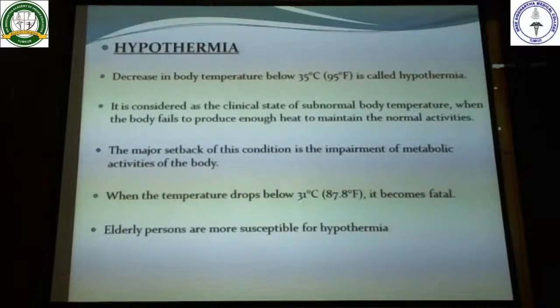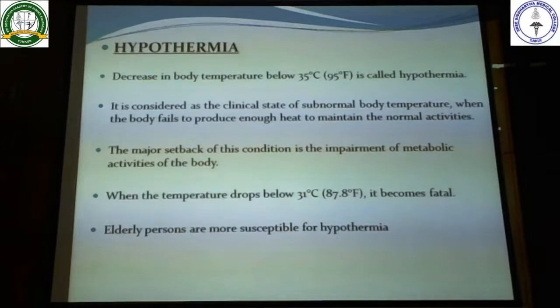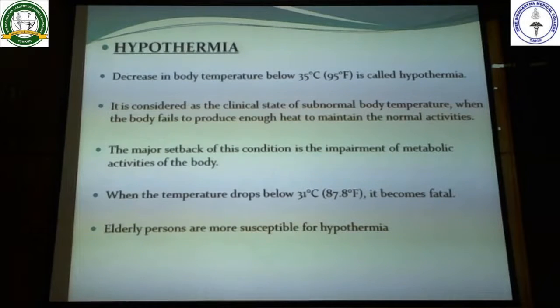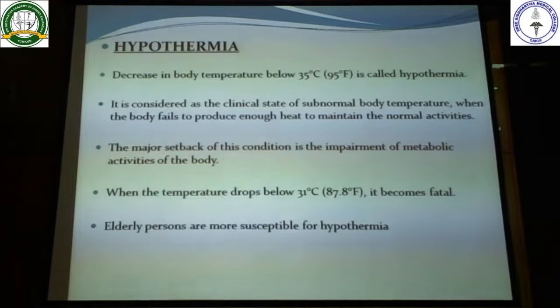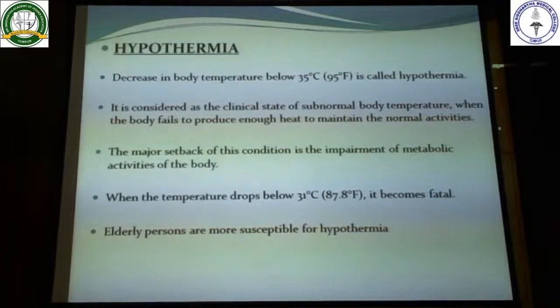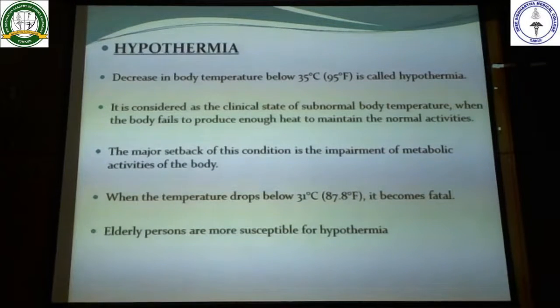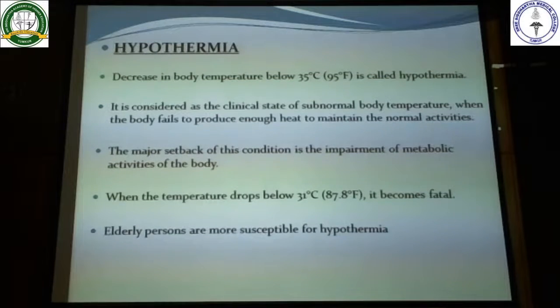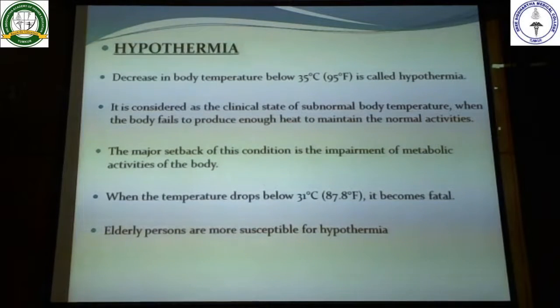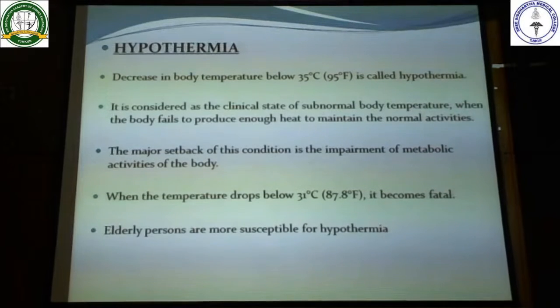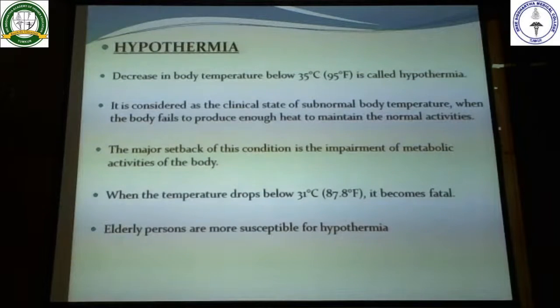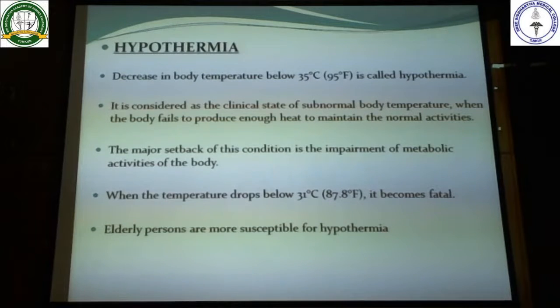Coming to hypothermia, another applied aspect of body temperature regulation. Hypothermia is nothing but a decrease in body temperature below 35 degrees centigrade, right? It is considered the clinical state of subnormal body temperature when the body fails to produce enough heat to maintain the normal activities. This is encountered during severe hypothyroidism.